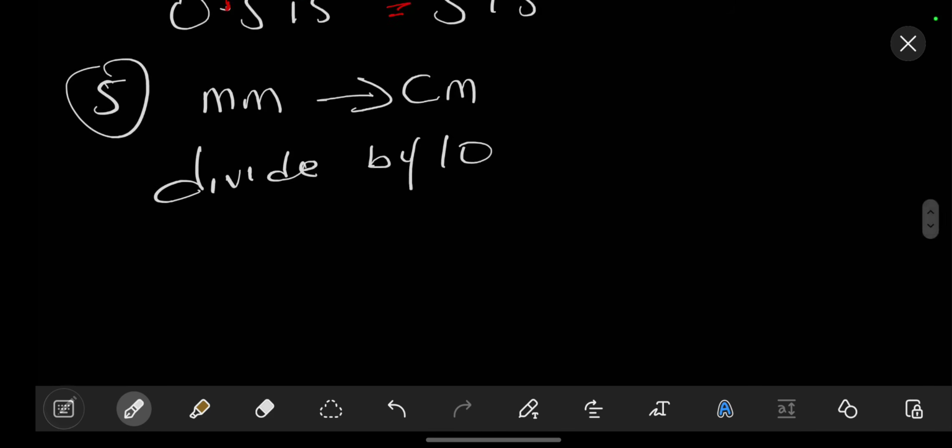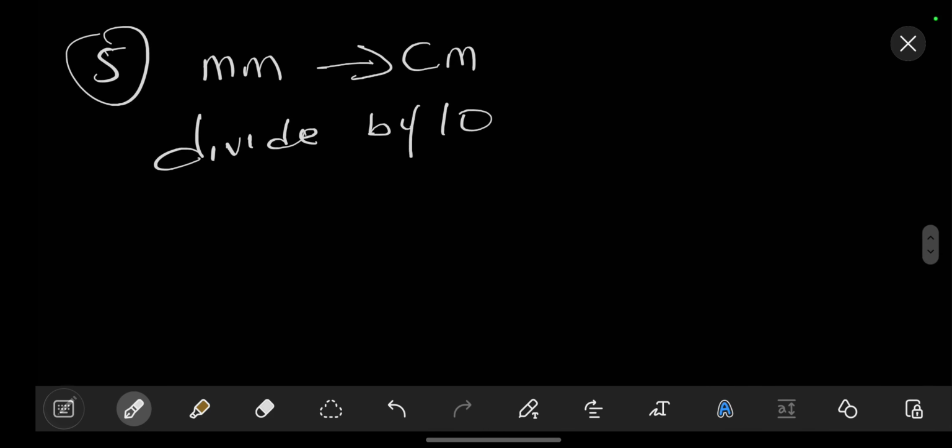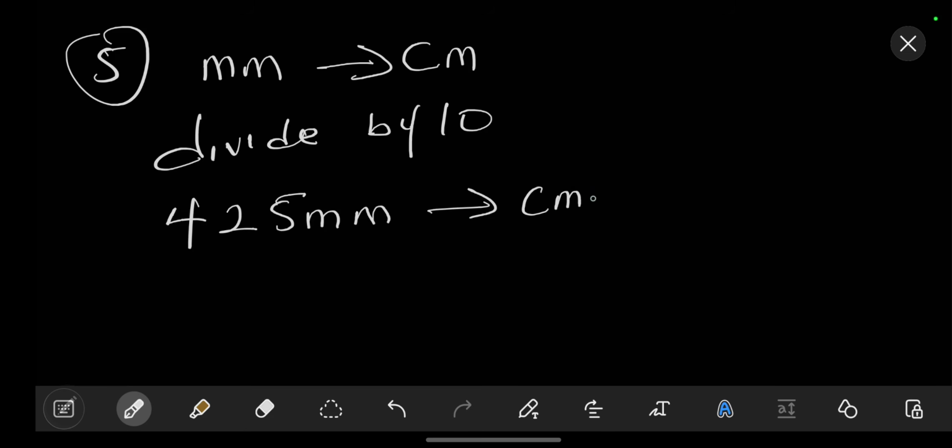So let's say we want to convert, okay, let me use something more confusing, 425 millimeter to centimeter. How do we do that really quick? It's not hard at all. We simply have to grab that value, which is 425, then divide it by 10, of course, by 10.